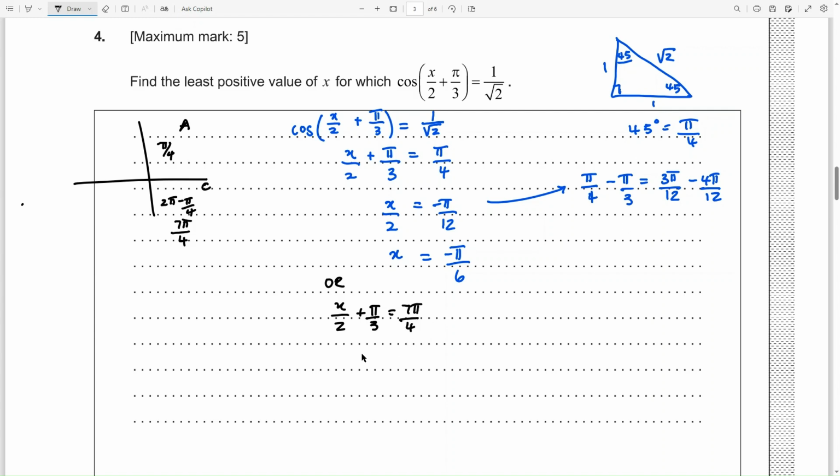Again, we're using that subtraction. Seven pi over 4 minus pi over 3. That's going to be 21 pi over 12 minus 4 pi over 12. Great, that's 17 pi over 12.